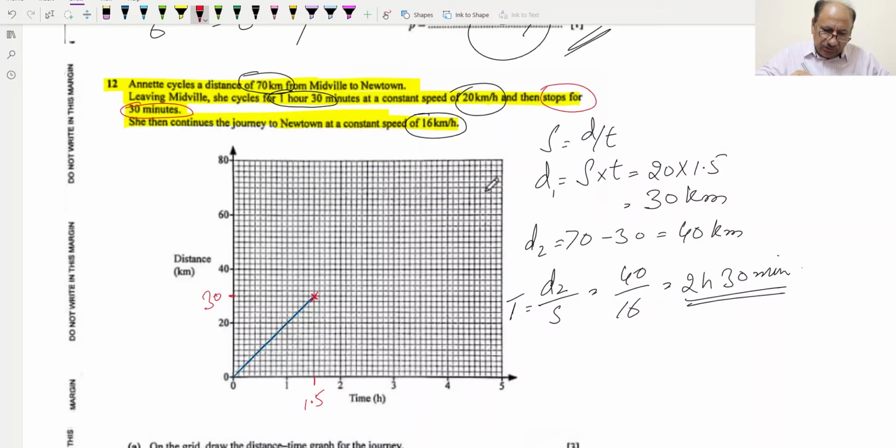So 30 minutes will be 1.5 to 2, so next this will be the stoppage for 30 minutes, and we will be showing the stoppage without change of distance, so it will be a horizontal line, this one.